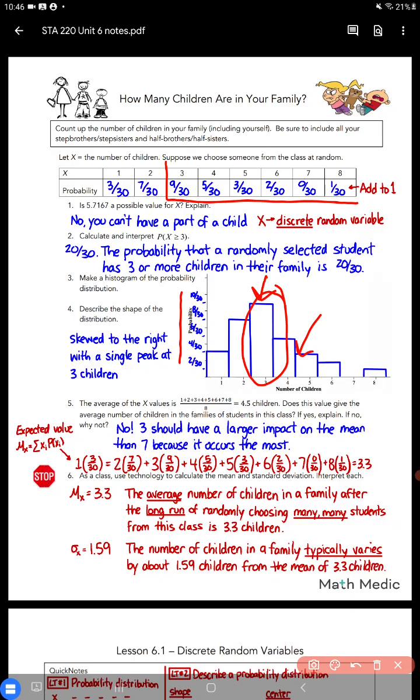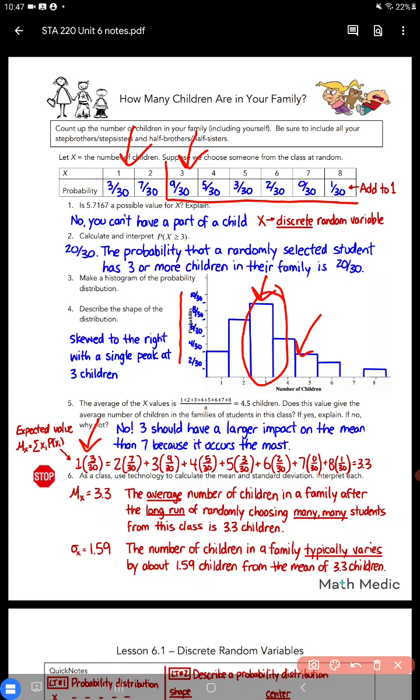So why doesn't just adding together the number of children and dividing by 8 work? Well, it's because each of these numbers of children is not equally likely, right? There were more people in this classroom who had 3 children in their family than there were who had 1 child in their family. So when that happens, the way that we find the mean is this right here.